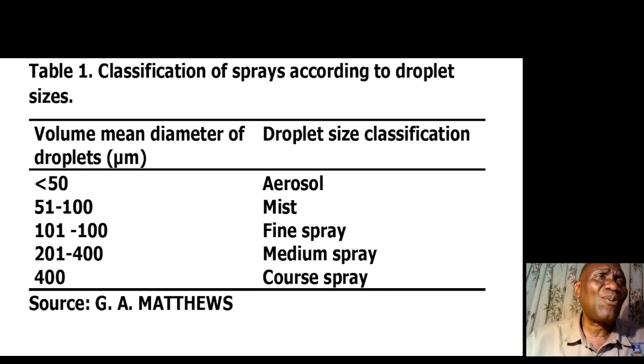This was according to G.A. Matthews. Matthews worked at the Cotton Research Institute in Kadoma for quite a long time before he joined London University to do research on droplets.